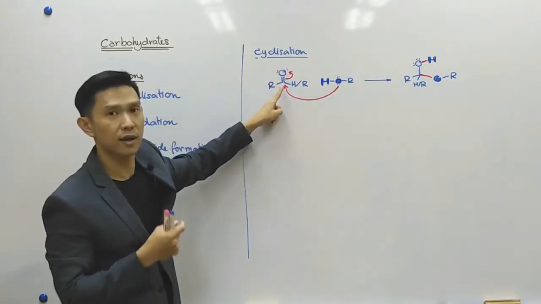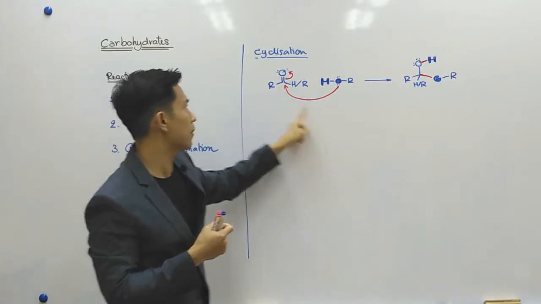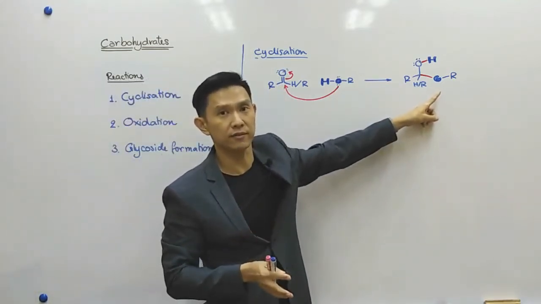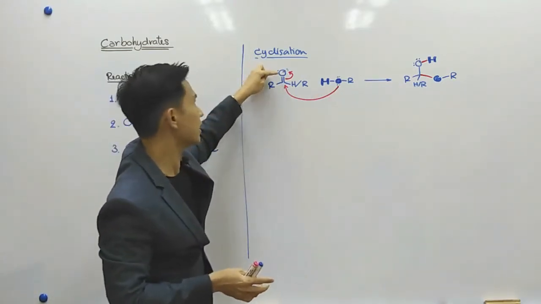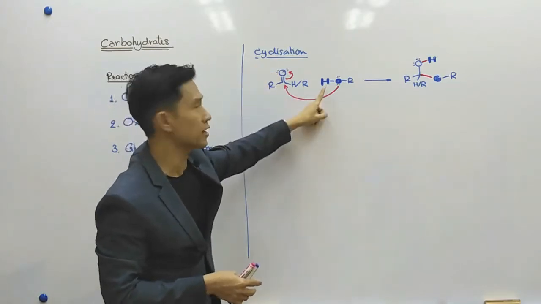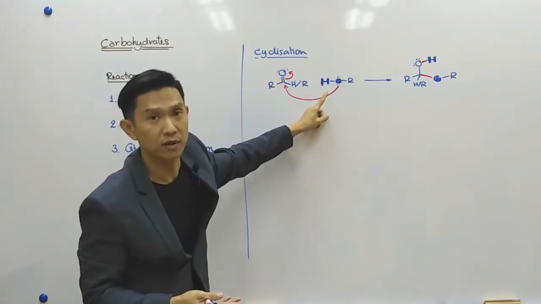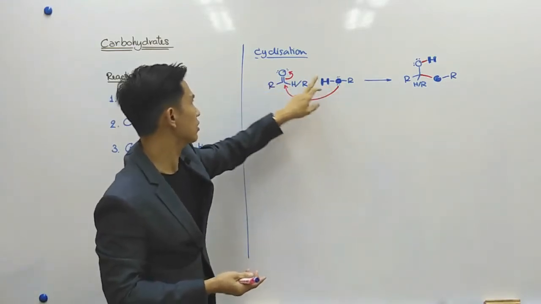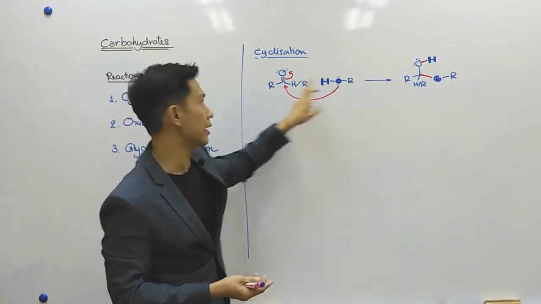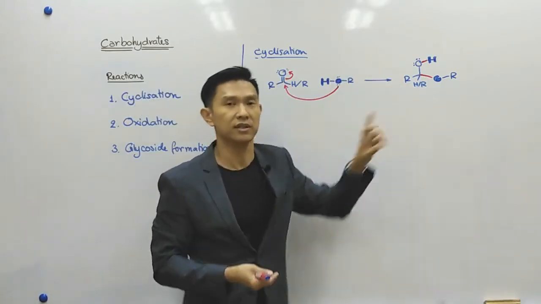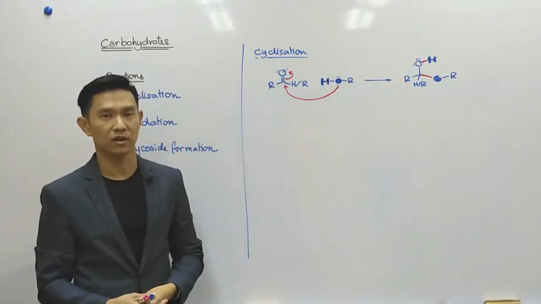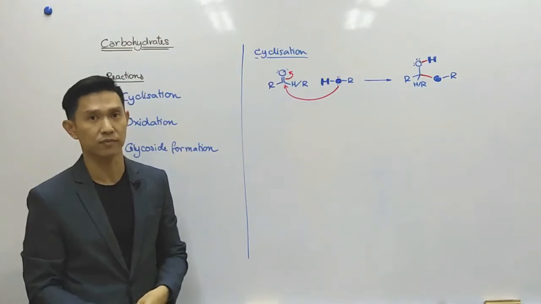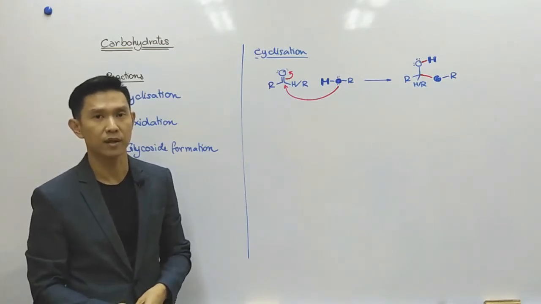C, which is positive, will bind with the O, which is slightly negative. And the O with negative charge will bind with H, which is positive, right? So you can just add H and O into the double bond, and end up with this. Right? This is called addition of the aldehyde or of the ketone by the alcohol.